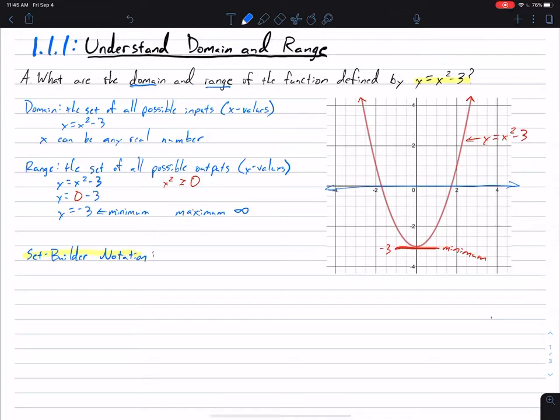The textbook definition for set builder notation is that it uses a verbal description or an inequality to describe the numbers in our set.